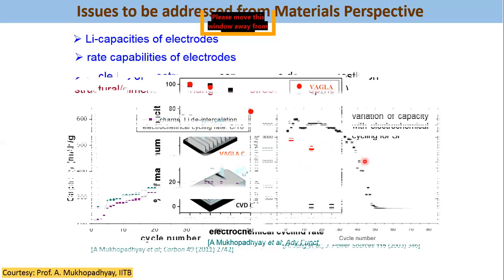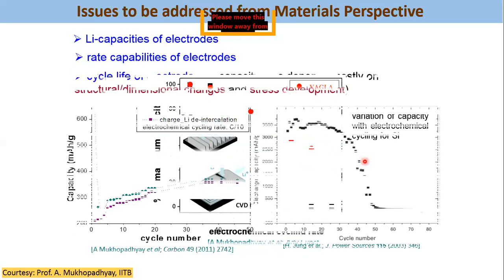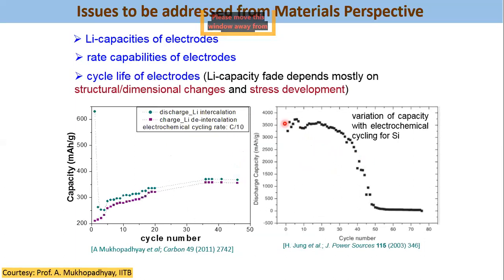Again, it comes to the cycle life of your electrodes. If you look at the right side of this example, which is from the silicon based electrodes, you can see that after say 30 charge discharge cycles, the performance of the cell is significantly reduced.